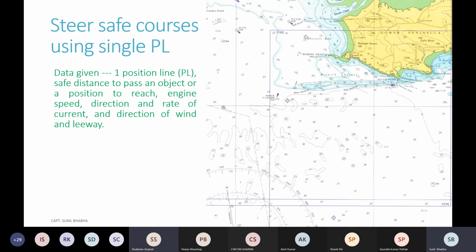Along with this, the question gives us a certain safe distance which we should maintain from an object. So a safe distance to pass an object, or in some of the questions, they may give you a certain position to reach. Say, for example, a pilot boarding ground, you need to reach that position. The question provides us.